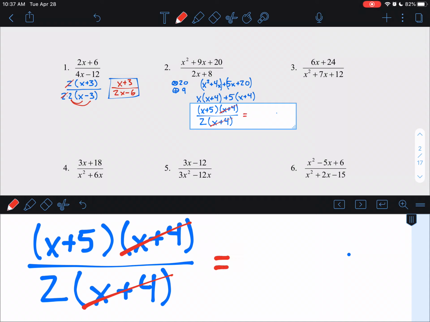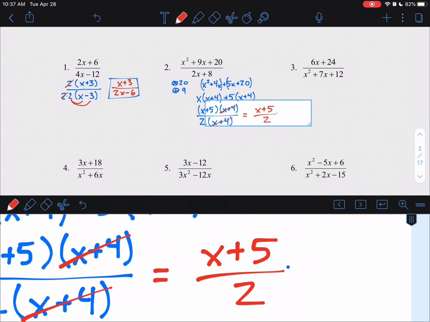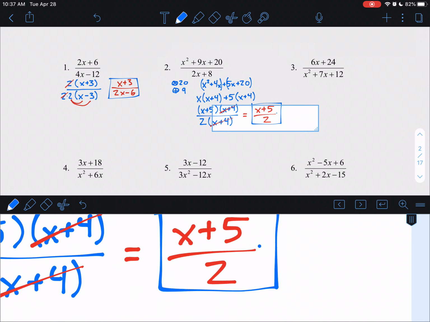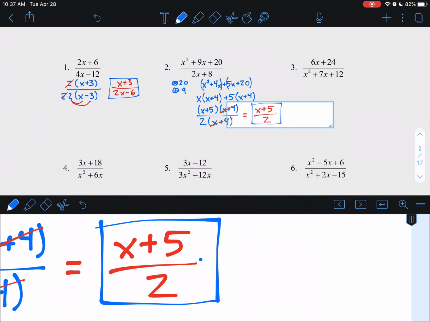And all I'm left with is x plus 5 over 2. So the simplified form of x squared plus 9x plus 20 over 2x plus 8 is x plus 5 over 2. And it's that simple. Just don't overcomplicate it.